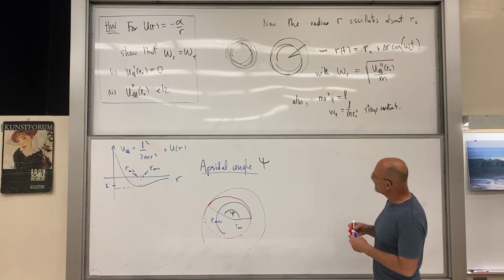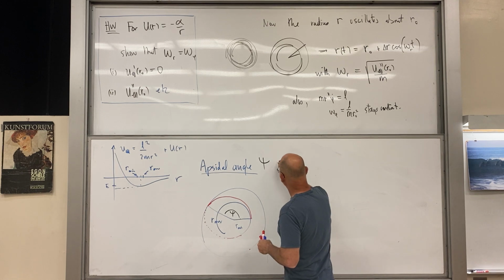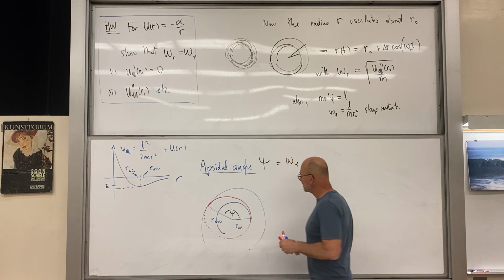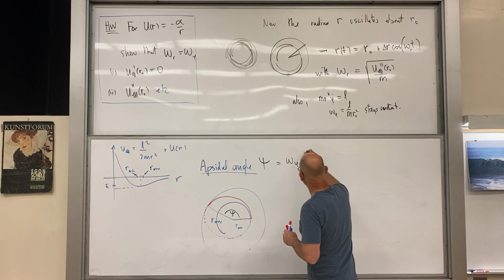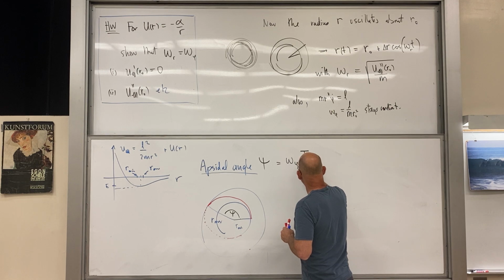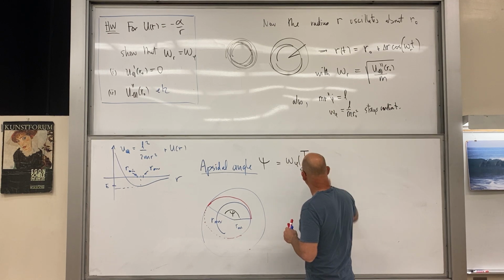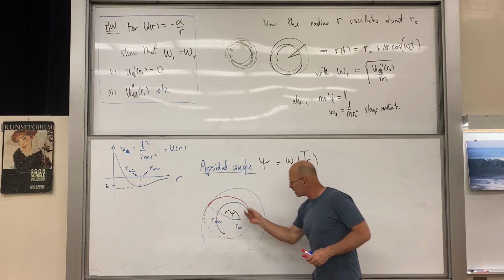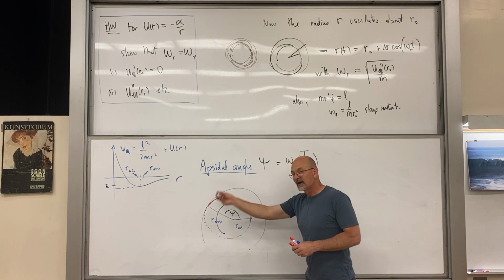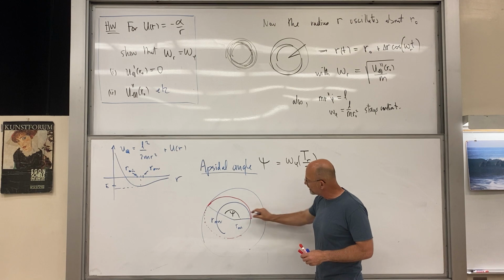And that is defined as omega sub phi over a half period, times T sub r divided by 2. That should make sense, right? Imagine the counterclockwise hand sweeping out time, and then there's a bead on it moving in and out.